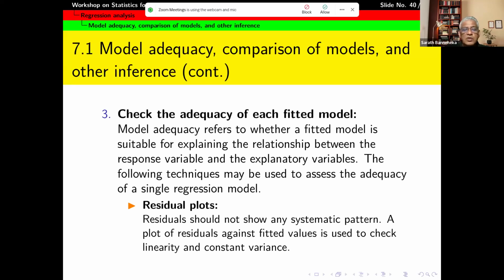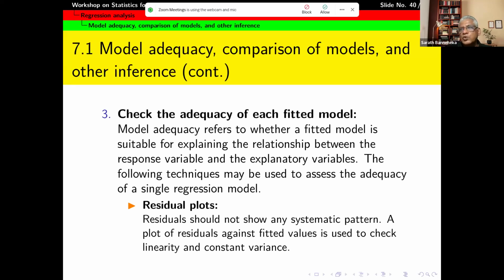So residuals should not show any systematic pattern if the model is adequate, right? So what you do is you look at the residual plots, you plot the residuals versus different x values, for example, right? And then if there are some patterns that you see in the residual plots, that means that the remaining residuals can further be modeled by X. That's what it means, right?